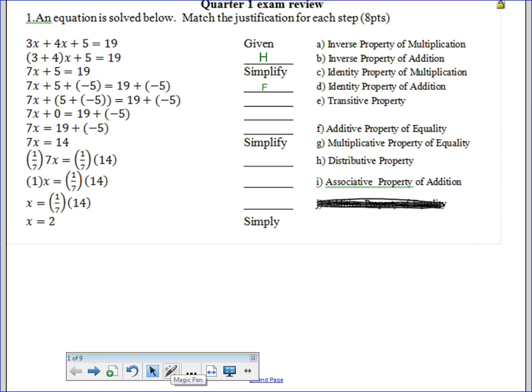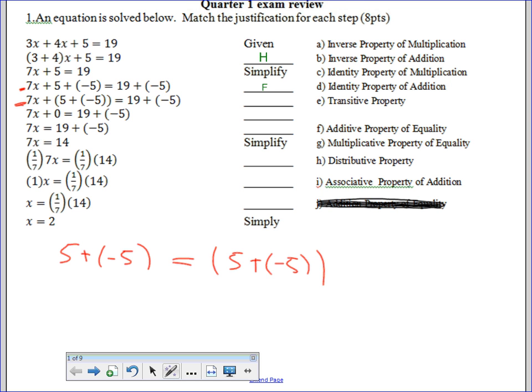So then, we have to look at the next step. What changed between this step and this step? Well, they added parentheses. So let's write what was on the line above, and then what was on the line below it. So what changed?